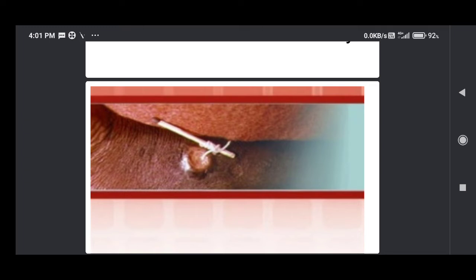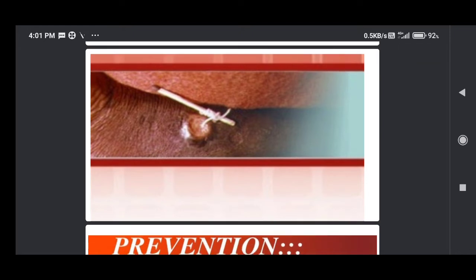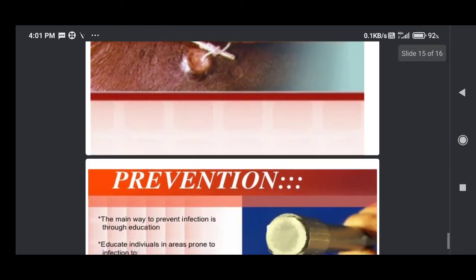Generally we tie the parasite to a matchstick or some stick, and gradually we can remove the parasite from the blister. After a few days, nearly 20 to 30 days, you can simply remove the parasite from the body. So this is a traditional method. Next one is prevention.